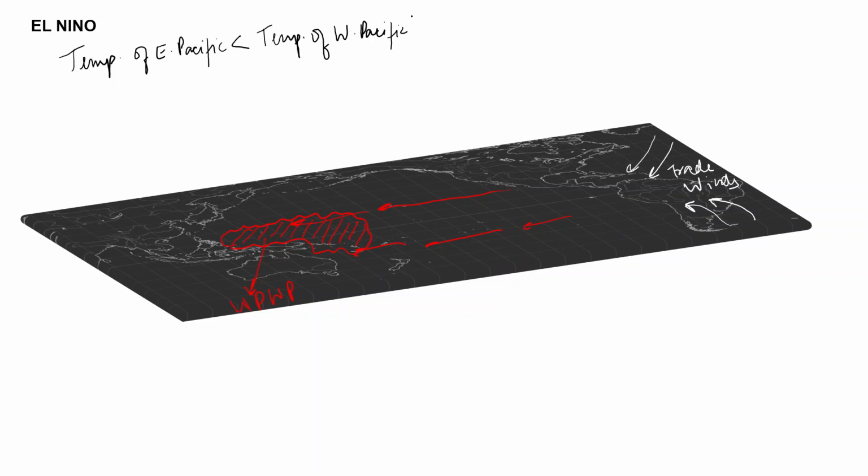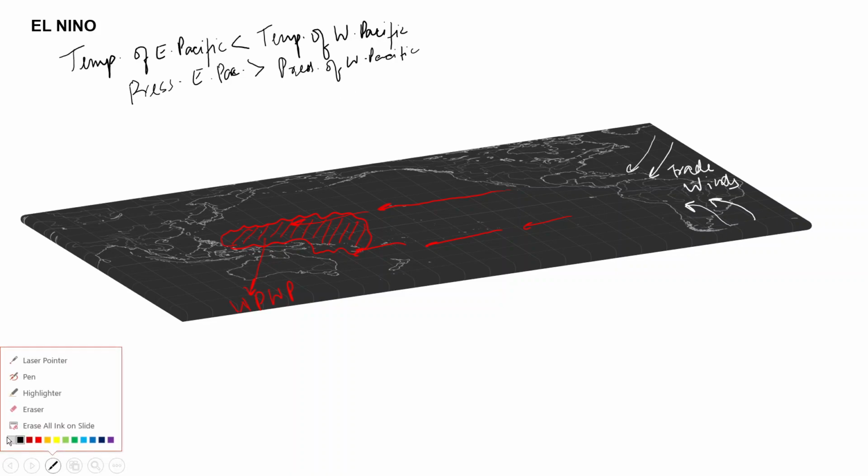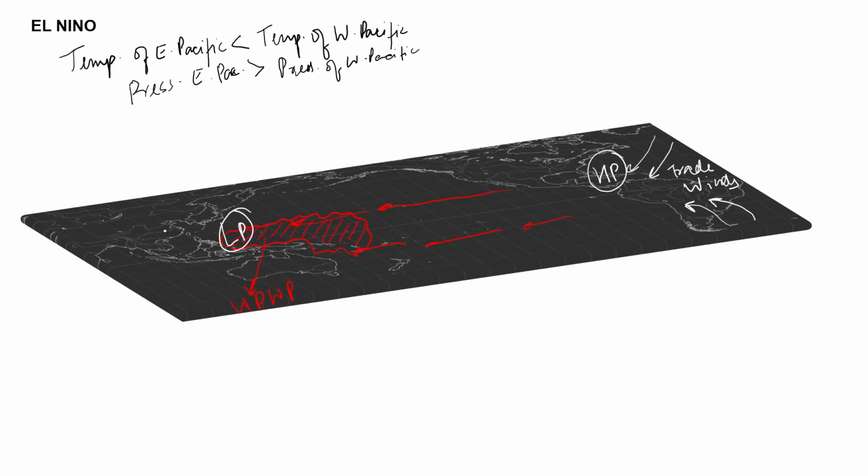As a result, the pressure of Eastern Pacific will be higher than the pressure of Western Pacific. I hope you understood this. So we can write over here that this is the high pressure zone and over here it is the low pressure zone.